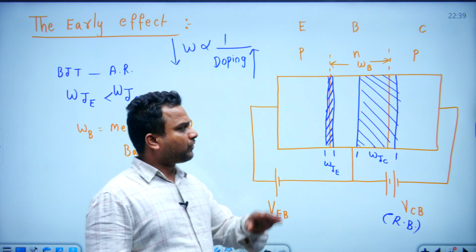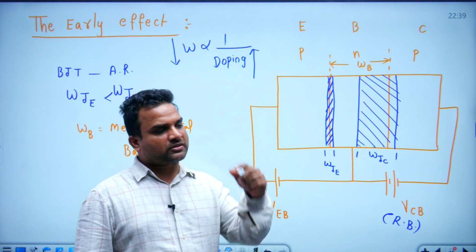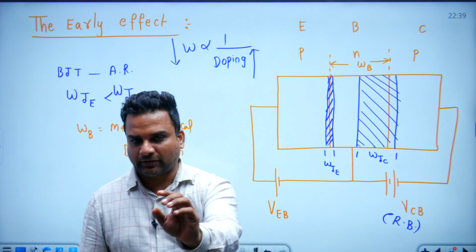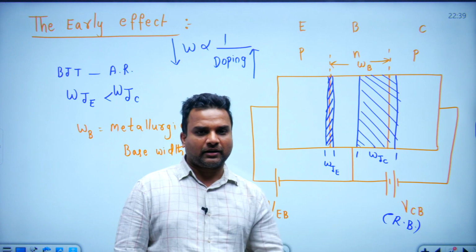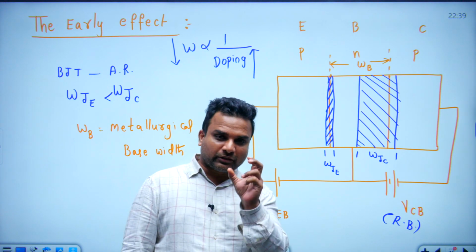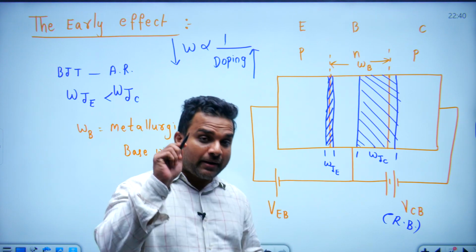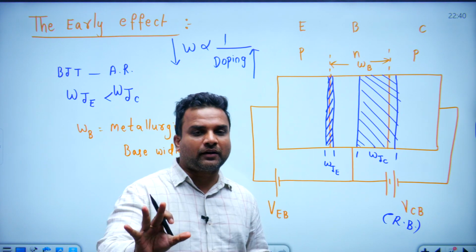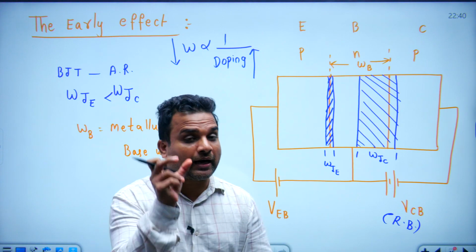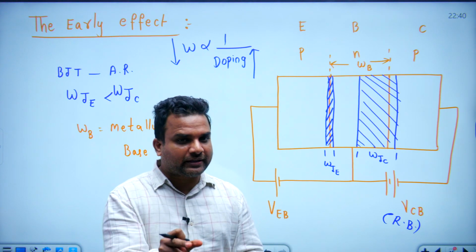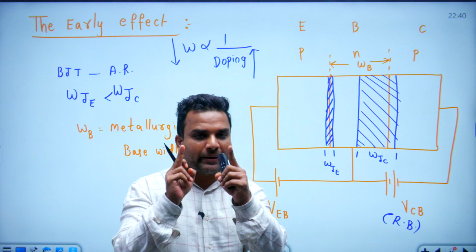No. From the emitter base junction some space is left for the depletion layer width across the emitter base junction, WJE, some of the space is left for WJC, and the remaining base width is for recombinations, and that remaining base width is called the effective base width.